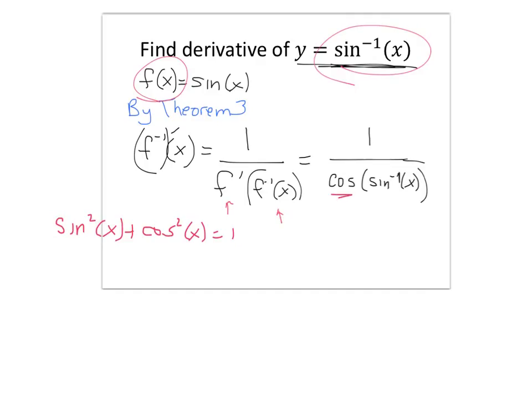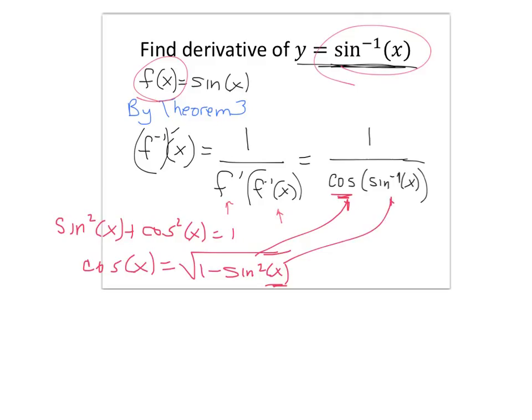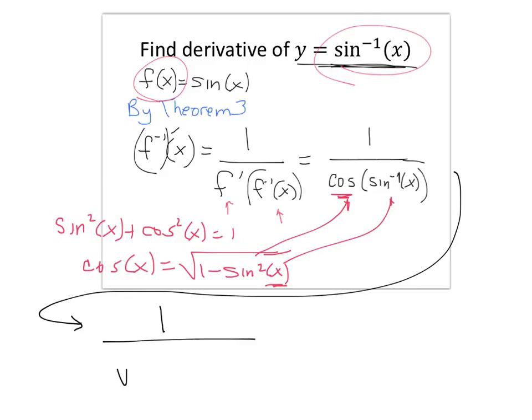I could solve this for cosine, meaning cosine of x equals the square root of 1 minus sine squared x. And I could plug that in here, where I see x would be my inverse. So going to the next step, I would have 1 over the square root of 1 minus sine squared, where I see an x, I put my inverse in there.